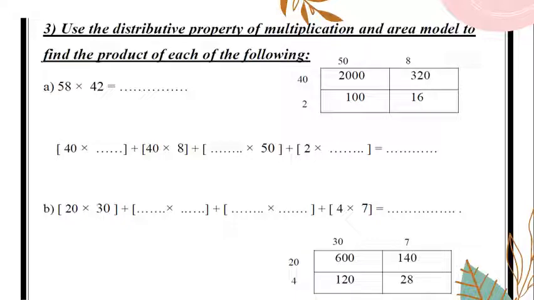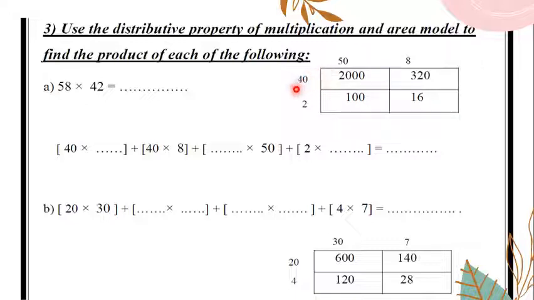Here, use the distributive property of multiplying and the area model to find the product of each of the following. Here, the question is 58 times 42. He already wrote for you the area model and all the numbers.